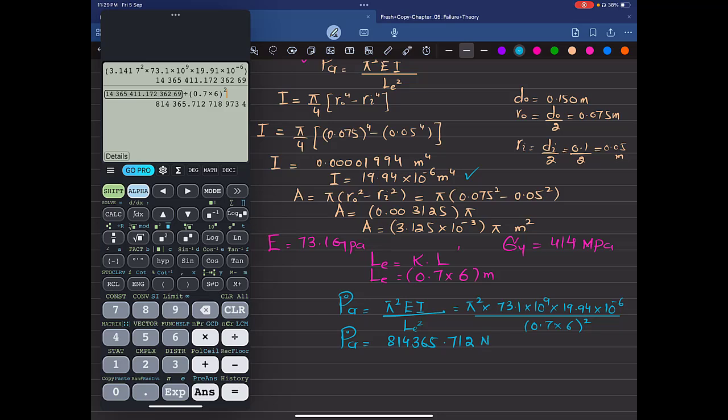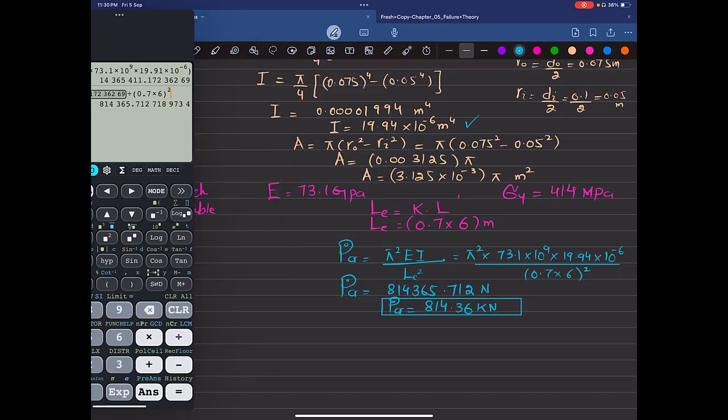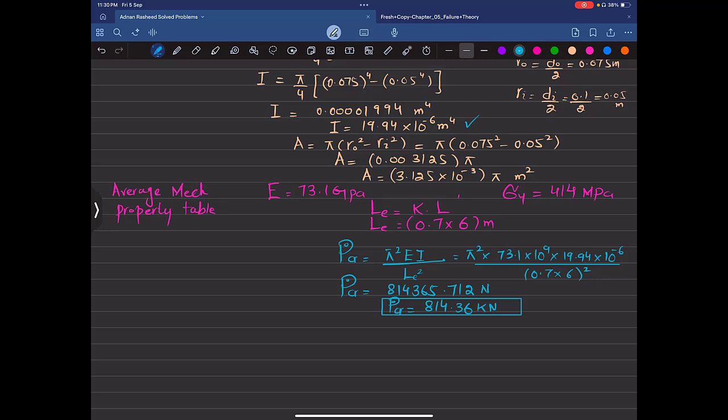Now in terms of kilonewtons, you can write it as 814.36 kilonewton. So this is the maximum critical load, or maximum axial load, that can be applied to this hollow circular pipe that will not cause any buckling.